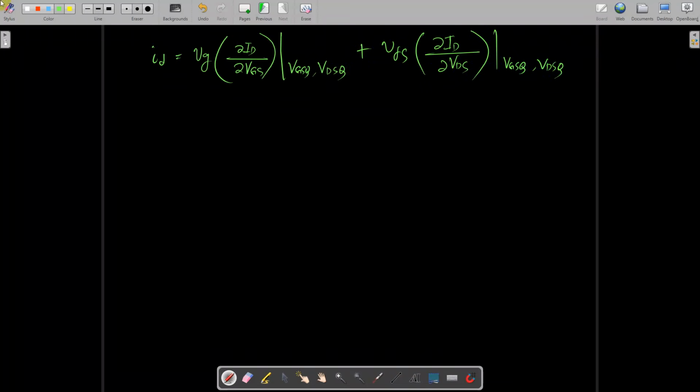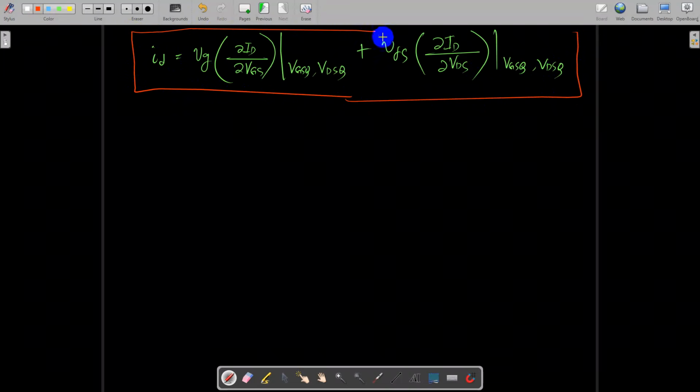Okay, nice. We have our equation for our small signal current, small i_d.